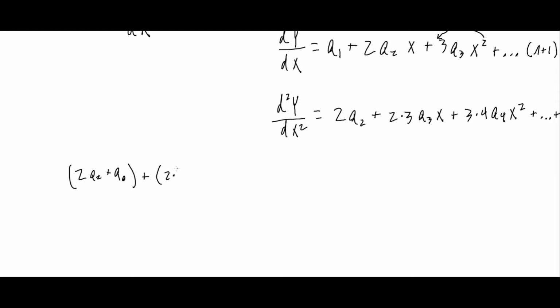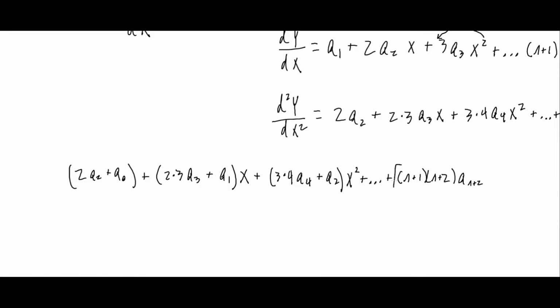plus 2 times 3a3 plus a1, and that should have an x here, plus the 3 times 4a4 plus a2, x squared, and then that will keep going till we get to n plus 1 times n plus 2 times a n plus 2, and I will put a square bracket around this, plus a n, and then that will keep going off to infinity.